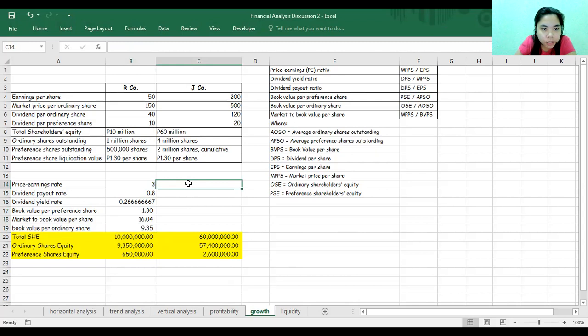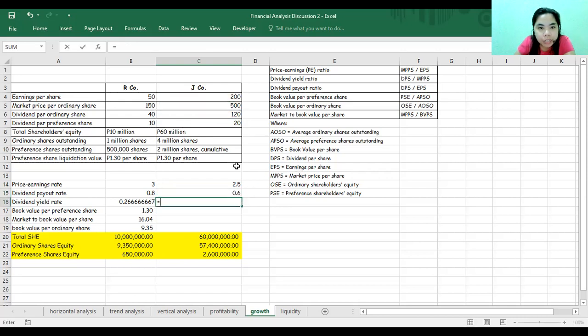Let's go with the J company, price earnings rate. So the market price divided by our earnings. So it's 2.5. Dividend payout, the dividend we paid versus our earnings. So it's 60%.